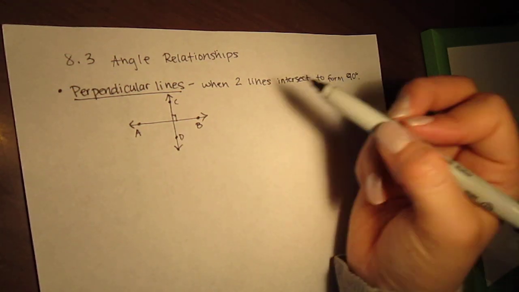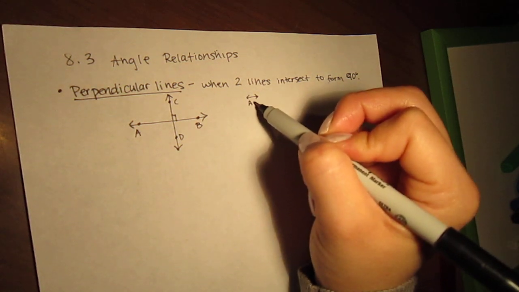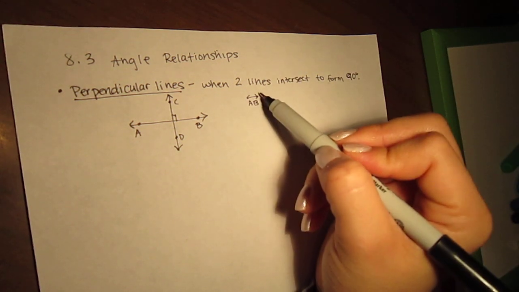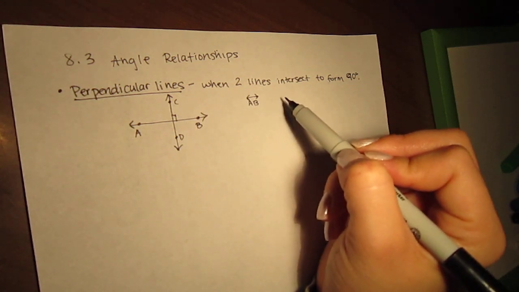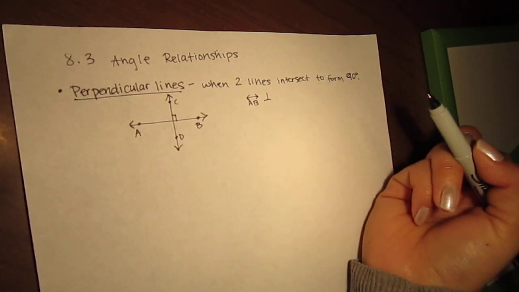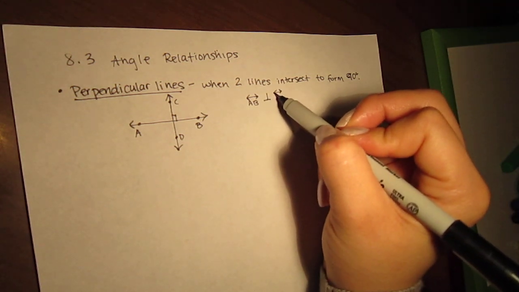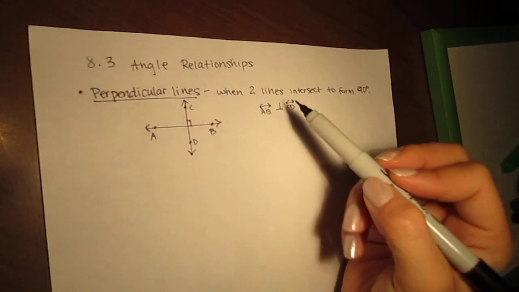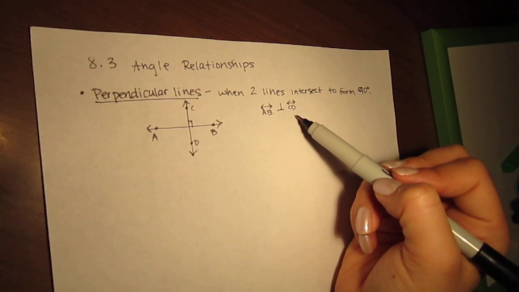To write it, you would say line AB. Notice there's arrows at the end that indicate that it's a line that continues on both sides. Here's the symbol for perpendicular, and then the other line that intersects is CD. So line AB is perpendicular to line CD.